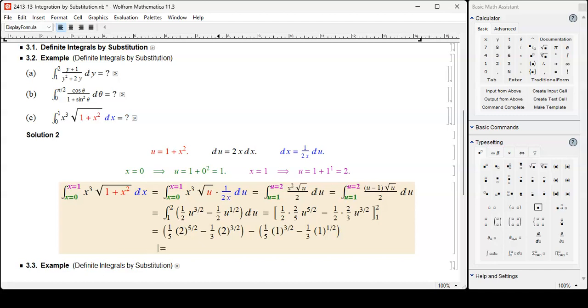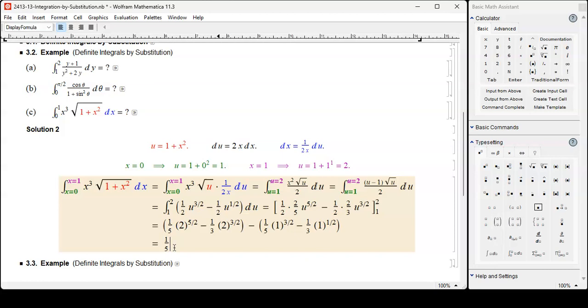I don't know whether it's meaningful to simplify this thing anymore, but let's see. If I do that, 1/5 doesn't go anywhere, and then this is square root of 2, 2 to the 4, so 4 times square root of 2.